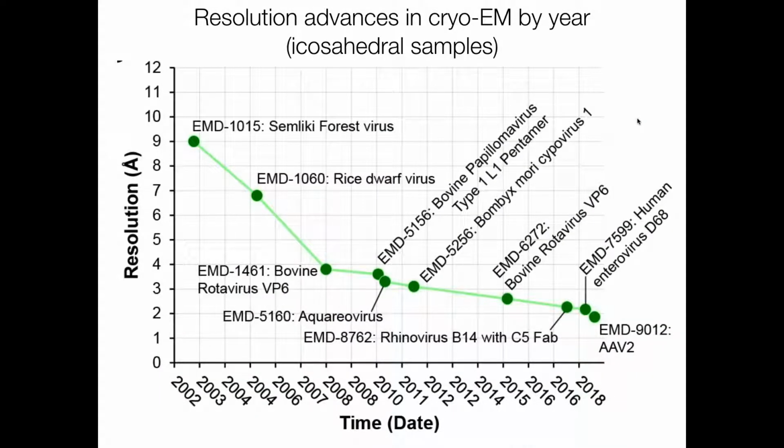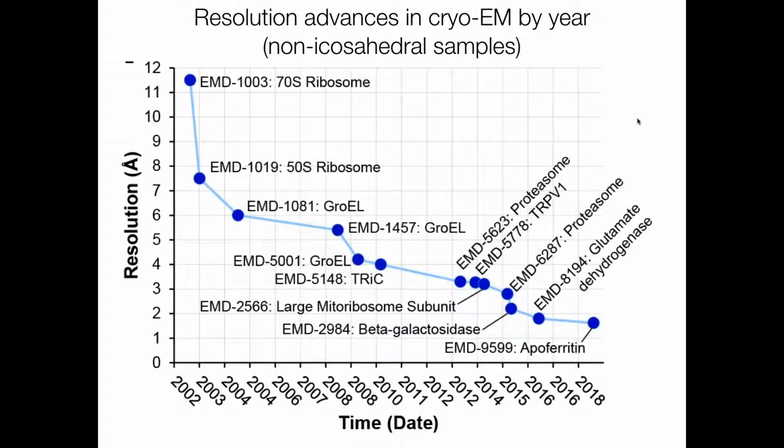This is showing the resolution advances in cryo-EM by year, and we were quite happy that our map, for a number of months, held the world record for resolution in cryo-EM.